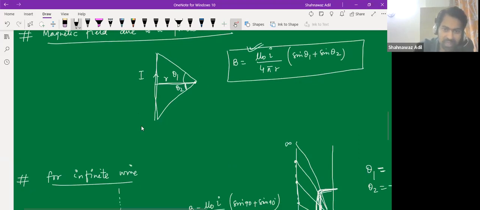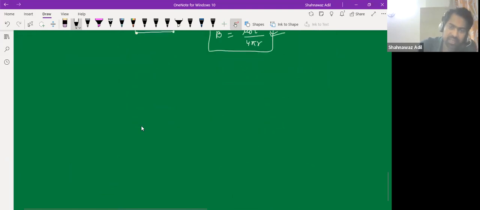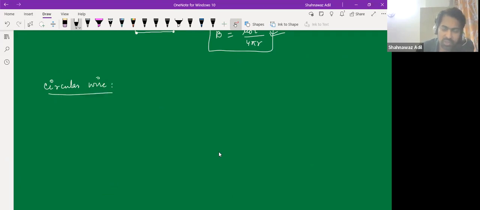And then we have the next thing, where we use the Biot-Savart law for the circular wire. For a full circle, what was the magnetic field at the center? Let's say we are going in this direction. Again using the Maxwell thumb rule, we curl our fingers in the current direction.